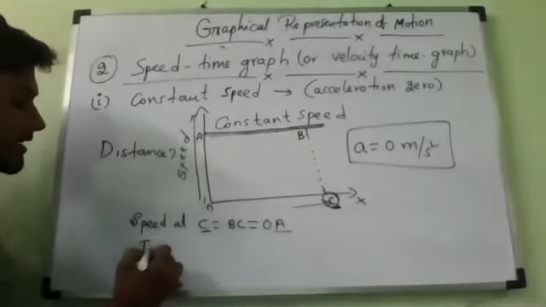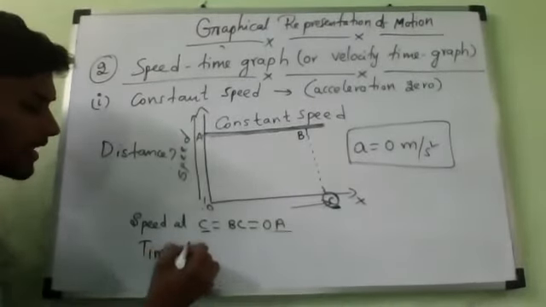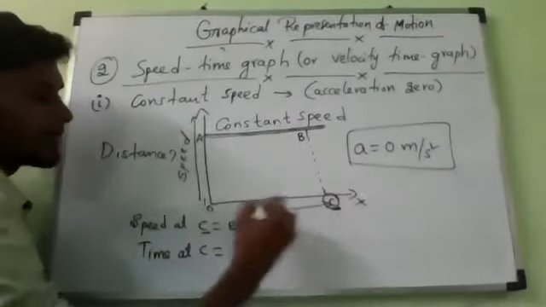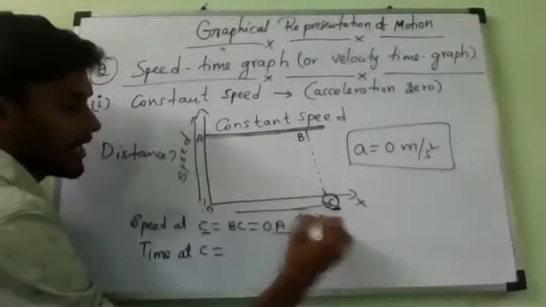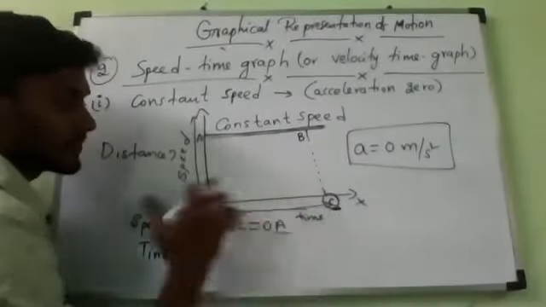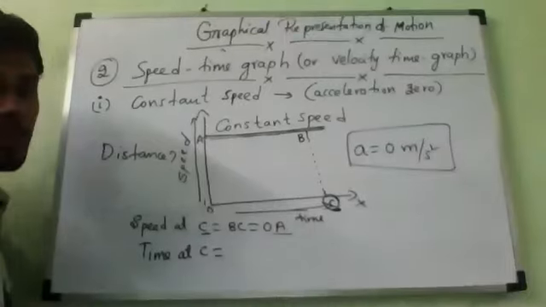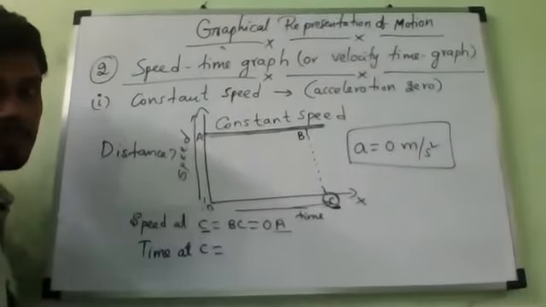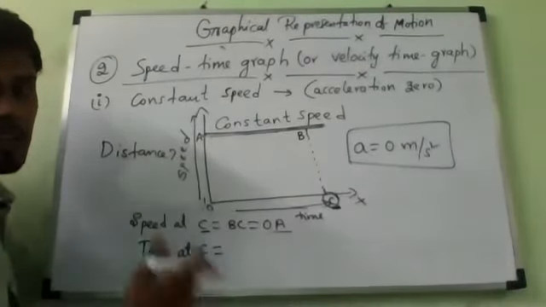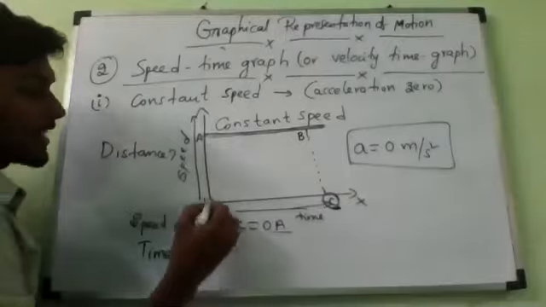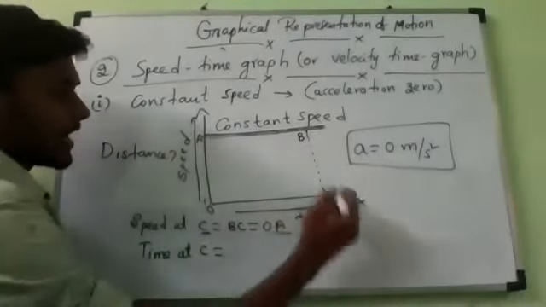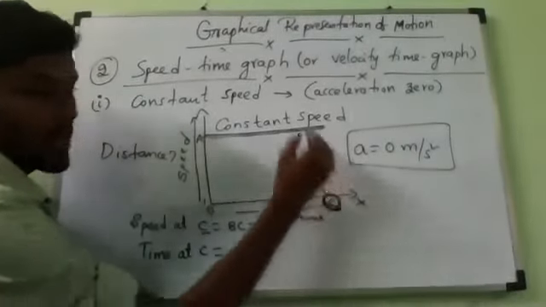Now, time at C, tell me. What is the time at point C? The time axis, what is this? At point C, what is the speed?